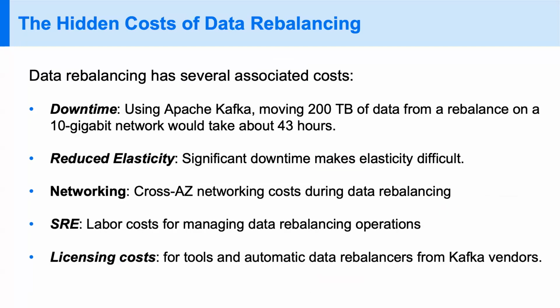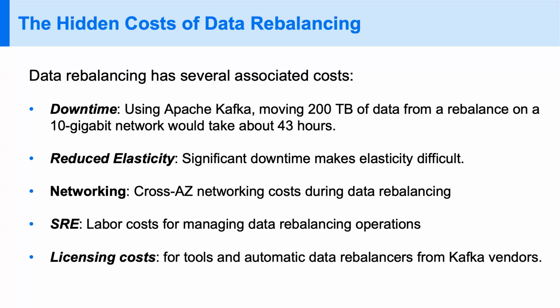In addition to just dollar costs, there are also some other hidden factors associated with this data rebalancing movement, first and foremost being downtime. Using a traditional Apache Kafka deployment, moving a significant amount of data during a rebalance, even over a very large 10 gigabit network, can take hours and hours.